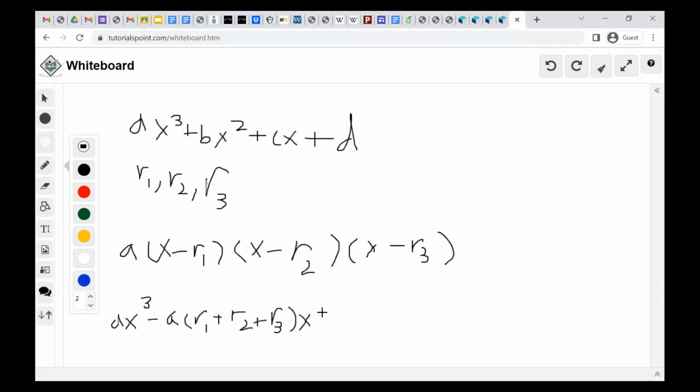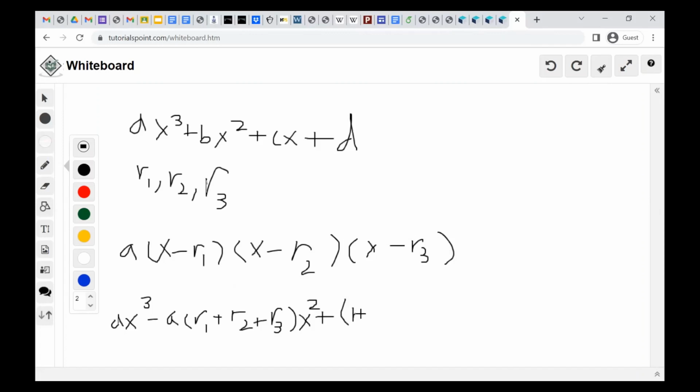x, and then the next term, the x squared term, from expanding this: to make x squared, we can pick negative R1 x and x, or negative R2 x and x, or negative R3 x and x. Similarly, to make the x term, we can pick R1, R2 and x, R2, R3 and x, or R1, R3 and x.